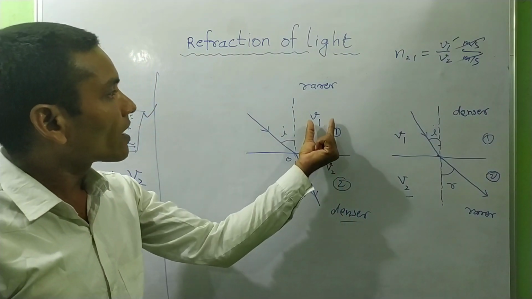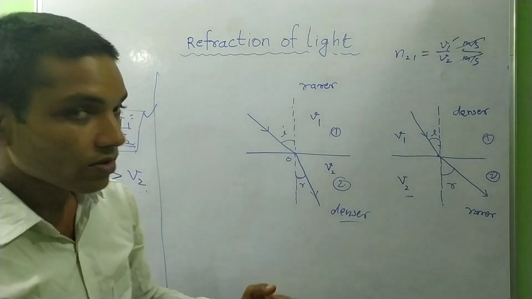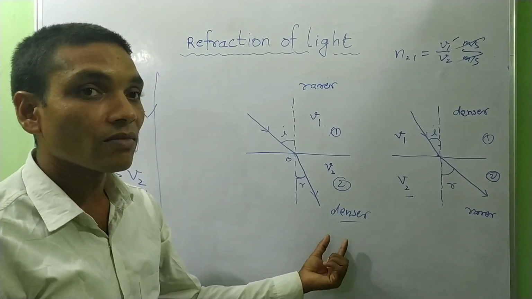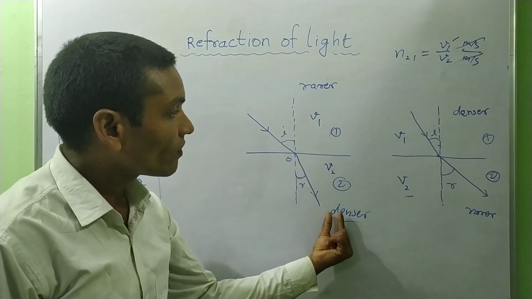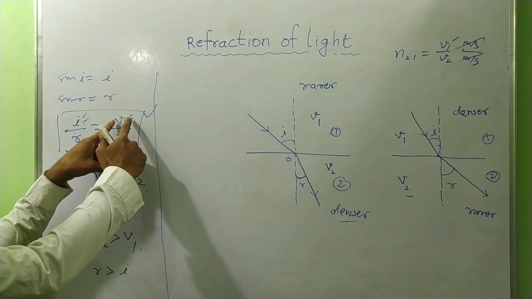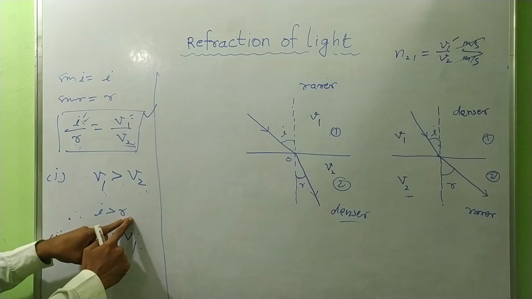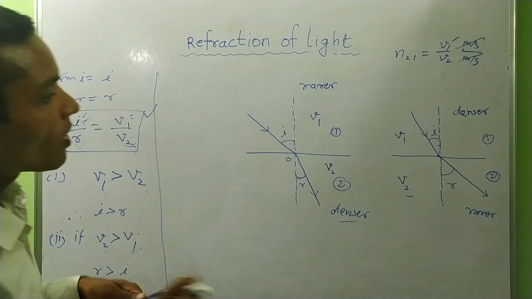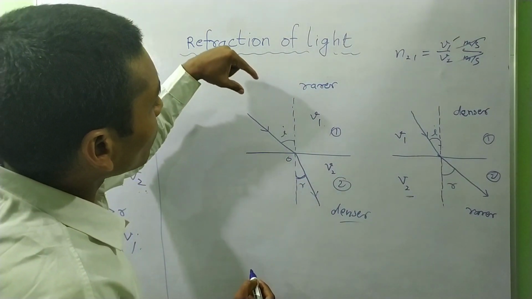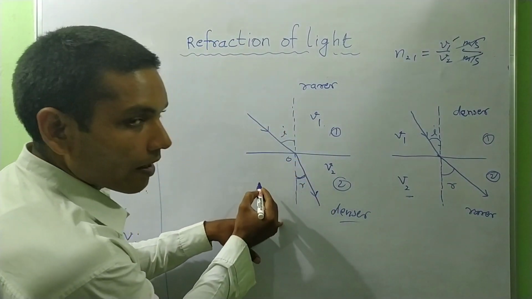The speed of light in rarer medium is V1 and in denser medium is V2. Because the speed of light in rarer medium is greater than in denser medium, V1 is greater than V2. From this equation, if V1 is greater, i will be greater than r. Because i is greater than r, when light goes from rarer to denser, it bends towards the normal.